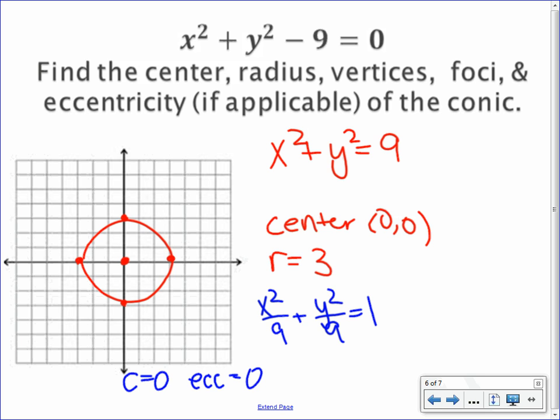The closer it is to 0, the more circular it's going to be. Yep, the more oval, the closer it is to 1. Well, to be an ellipse, it needs to be between 0 and 1. How's that?